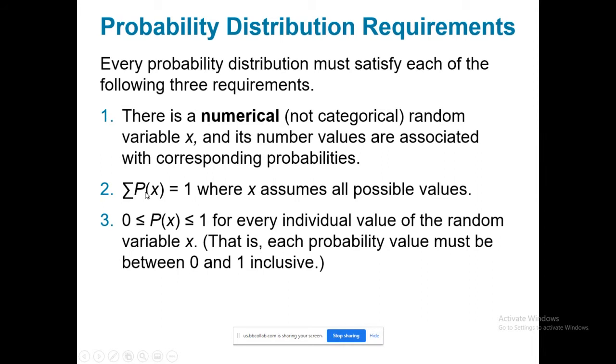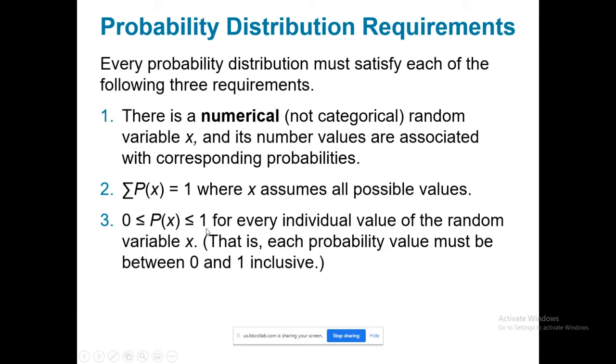The second condition is that the summation of P of x, and we're going to talk about this notation, P of x is actually probability notation. So if you were to add up, since summation means to add, all of the probabilities in your probability distribution, those probabilities must all together equal 1.